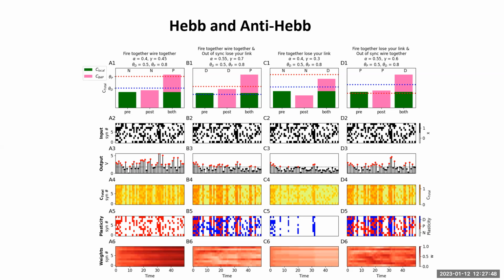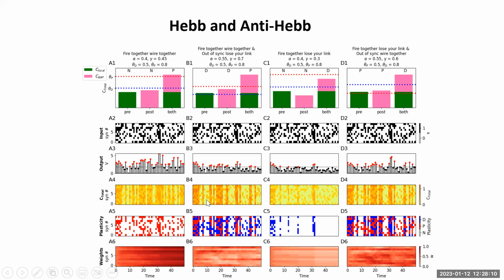But again, if they both co-occur at the same time, you have potentiation. That is this situation here. The idea is that you have these bright yellow regions, where nothing happens.